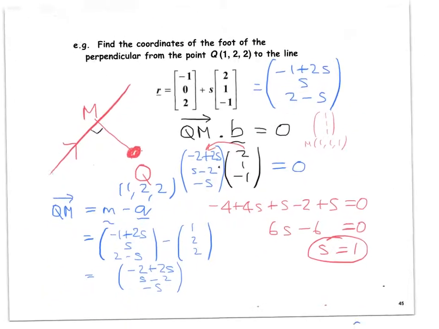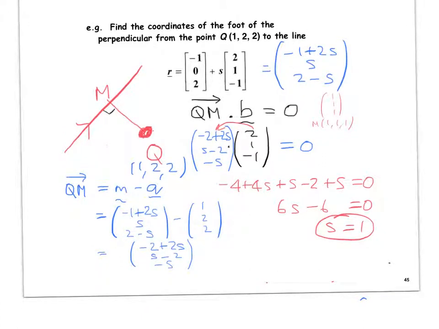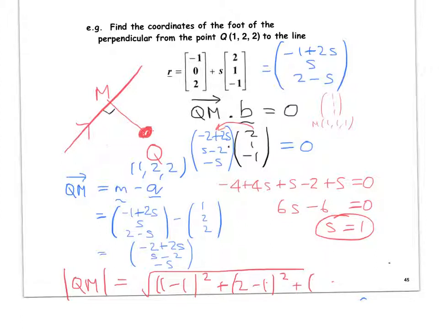And the last bit, which I reckon you'll be able to handle, is just what is the distance? And that's just Pythagoras' theorem. If I want to know the distance from Q to M, it's going to look a bit strange, but going from the point Q to the point M: 1 minus 1 squared plus 2 minus 1 squared plus 2 minus 1 squared, the square root of all of that.